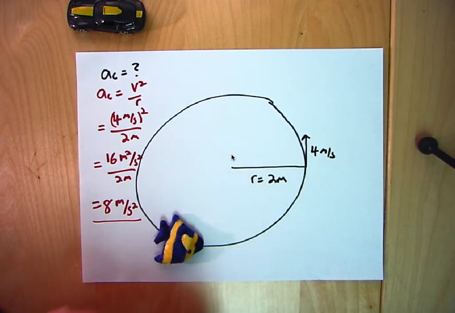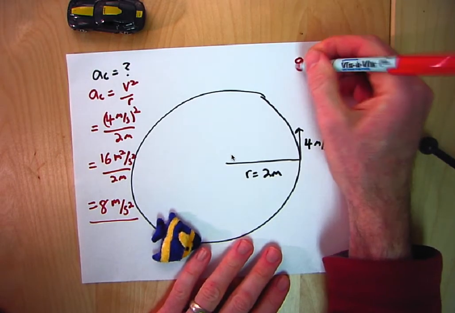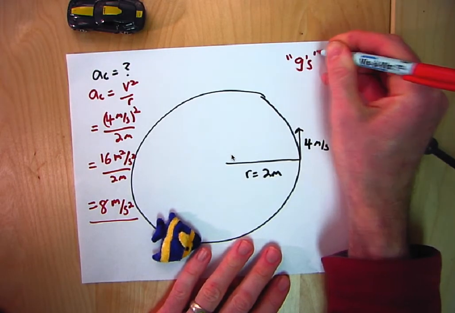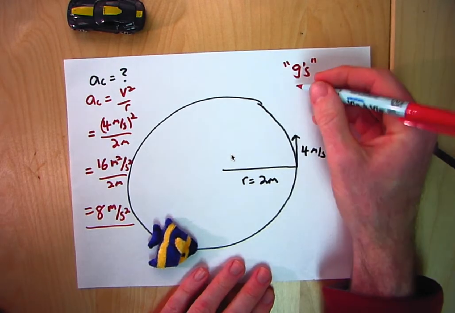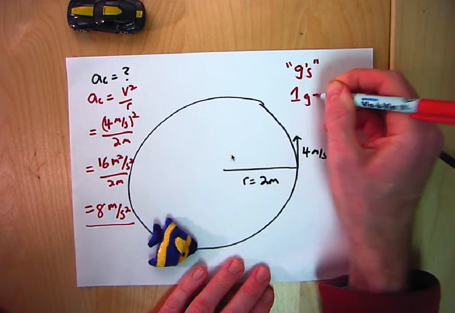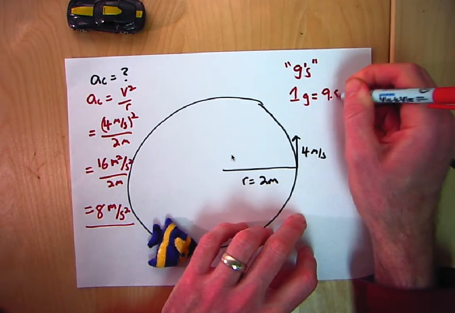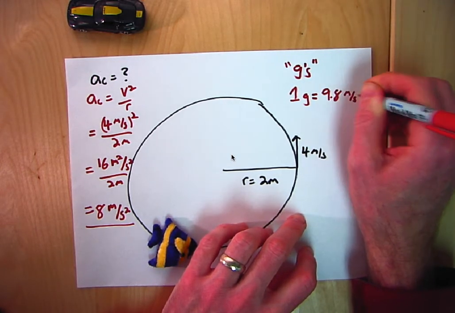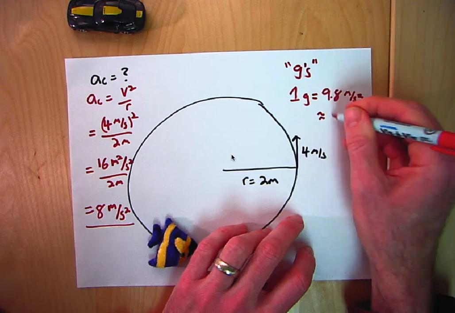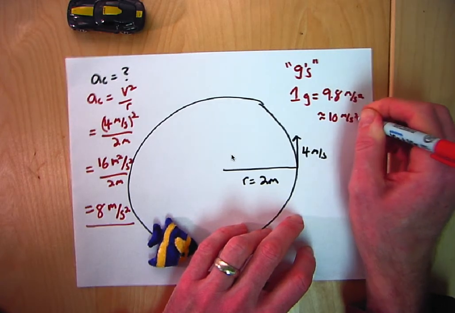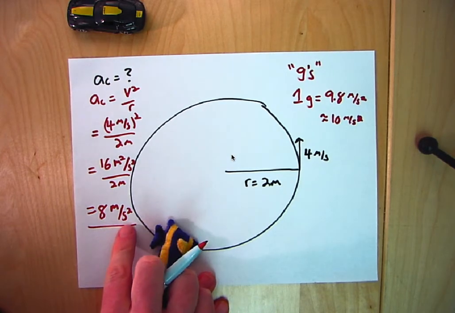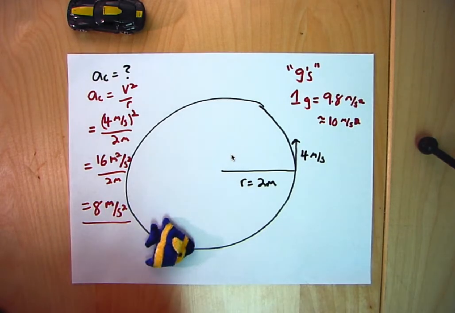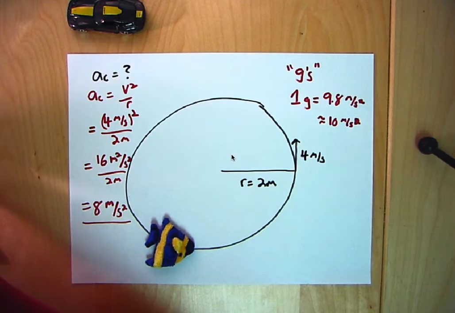Now, one other concept we like to talk about, and we'll do this in class as well, is what we call g's. And g's is another way to express an acceleration. So 1 g is going to be 9.8 meters per second squared, or about 10 meters per second squared. So instead of saying the fishy has an acceleration of 8 meters per second squared, we can ask, what's the acceleration in g's of the fishy?